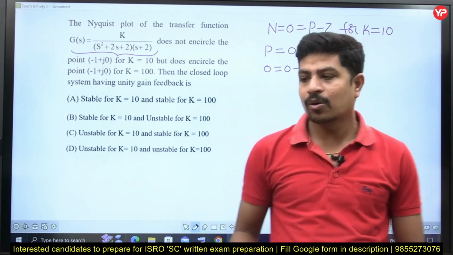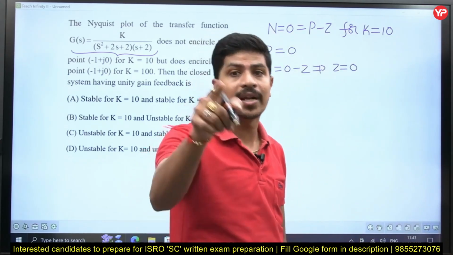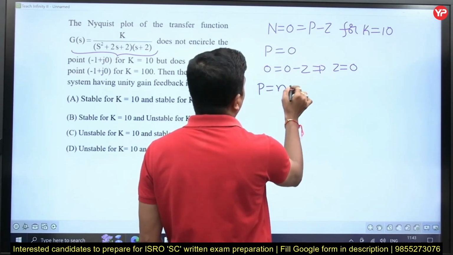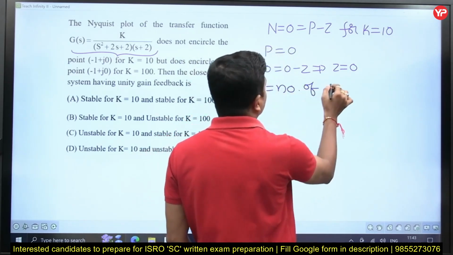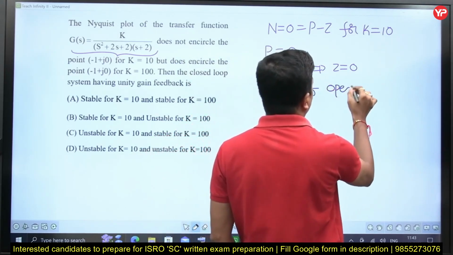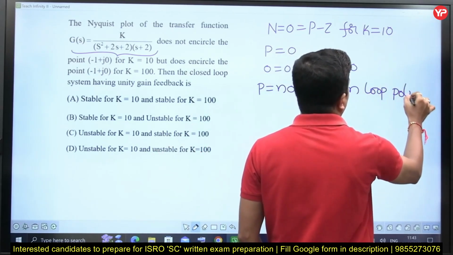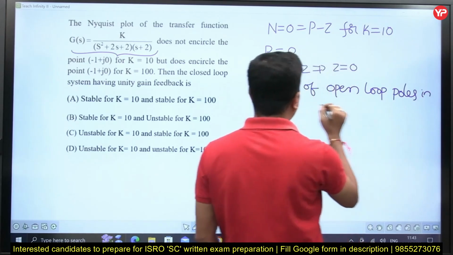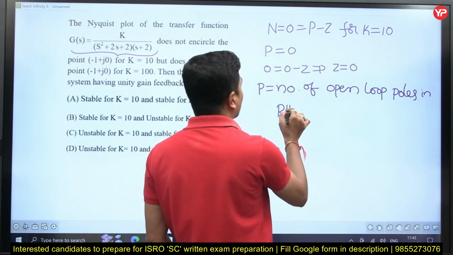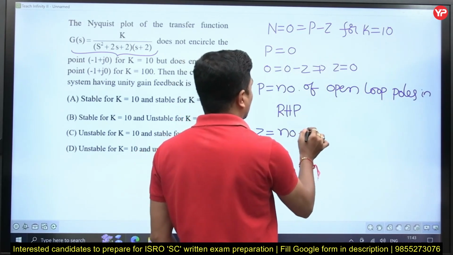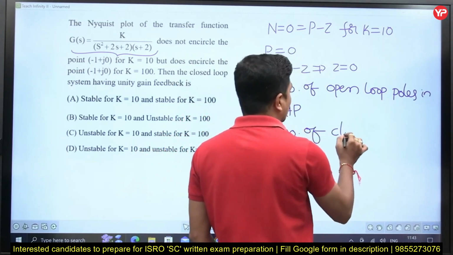I told you that Z is the number of closed loop poles in the right half of the S plane, and P is the number of open loop poles in the right half plane.